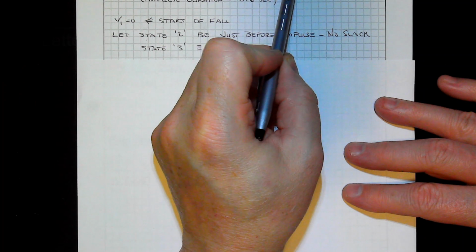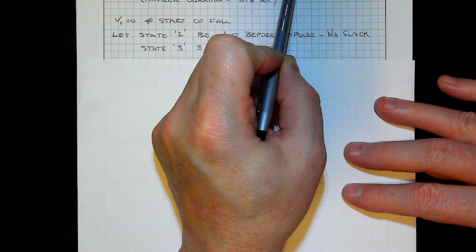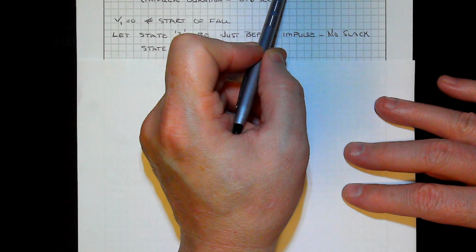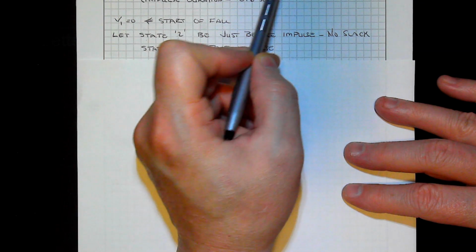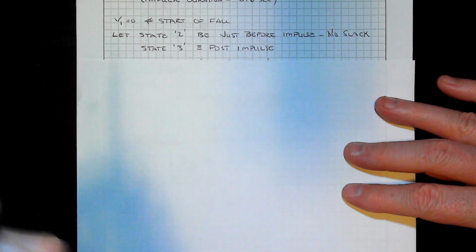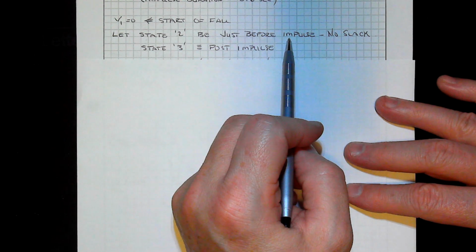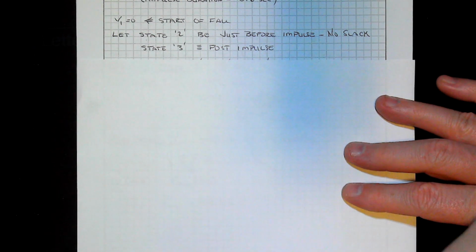When I start here, when I fall, what's the velocity going to be? 0. The vertical velocity, as you just come off the edge, will start from 0, and then they'll accelerate. They're going to get to a velocity just before the rope stops them and the impulse happens, and they're going to fall 4 feet. That's an energy problem. Velocity, distance.